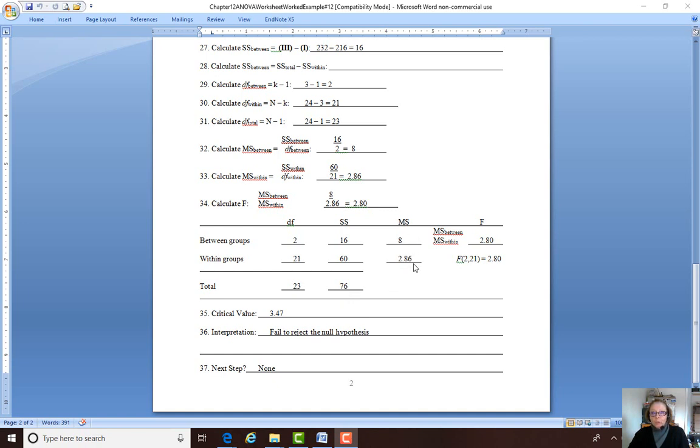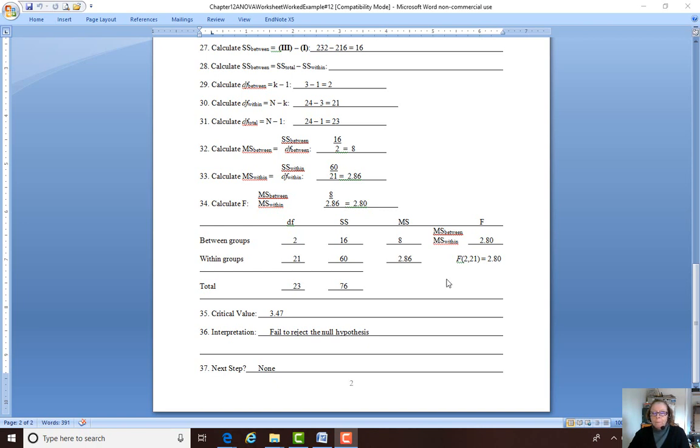And then there's our mean square values, which is how we calculated our F. So if you understand how ANOVA tables work, in that the columns should add up to the total, and if you get to this point and your column does not add up to the total, then go up and check your math. If you're using this ANOVA worksheet to do an ANOVA, you must have made a math mistake in a previous step.